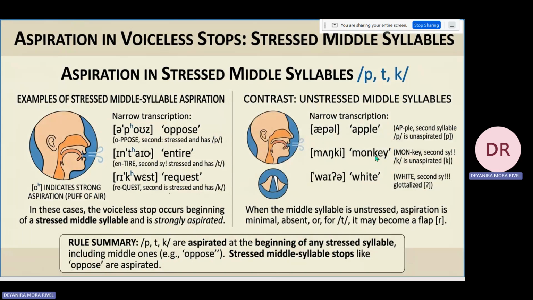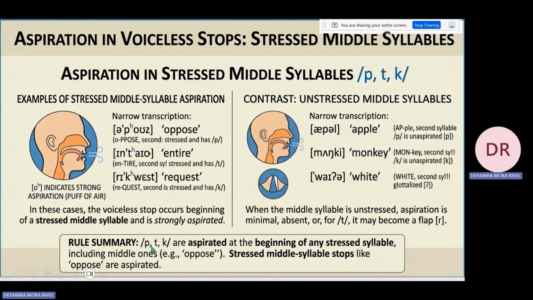Actually, in this case, I believe it's the case of unreleased, but it could be a glottal stop. I'm not sure. So when the middle syllable is unstressed, aspiration is minimal or absent, and it is a T or a flap T, like in the case of water, which is not here, but that T is going to be a flap T, right?